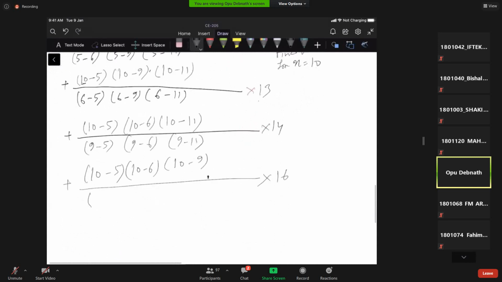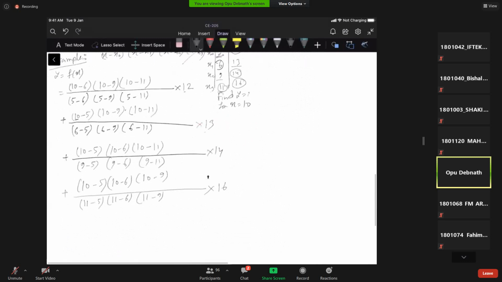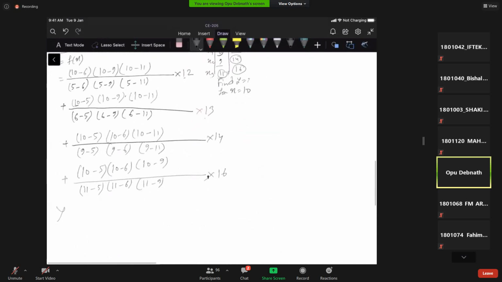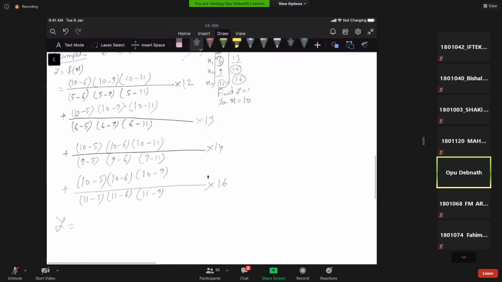So simply use 11 minus 5 multiplied by 11 minus 6, 11 minus 9. So 1, 2, 3, 4, the fourth term. If you simply now calculate all this value after some successive steps, you will get the value of y.